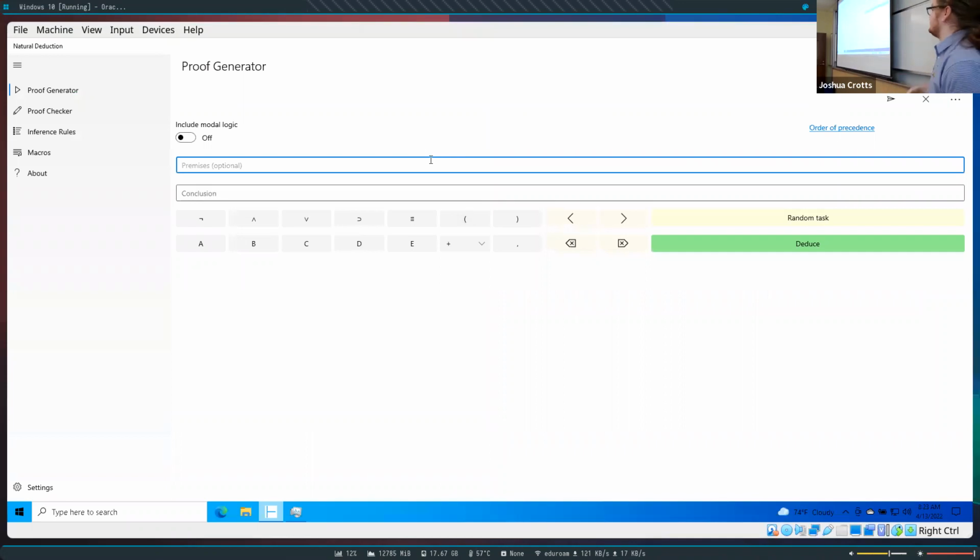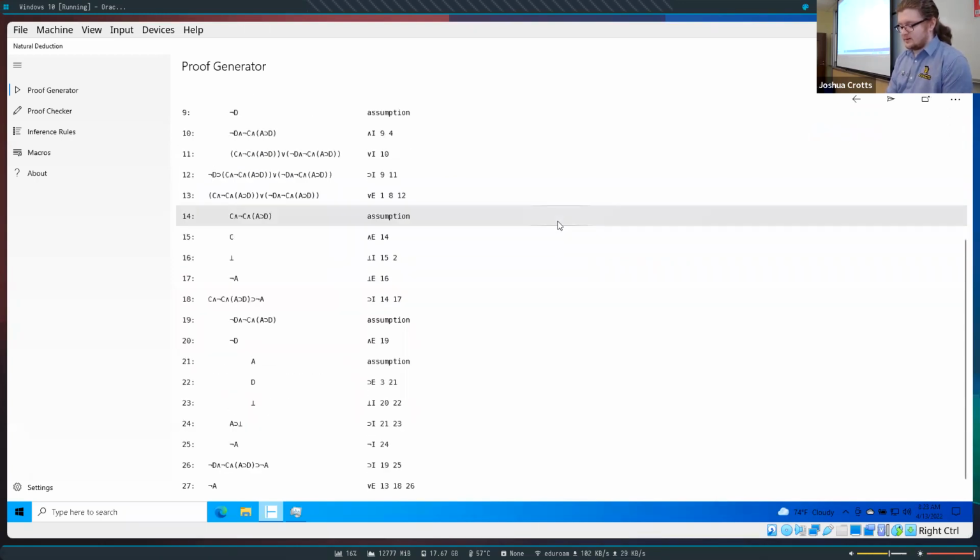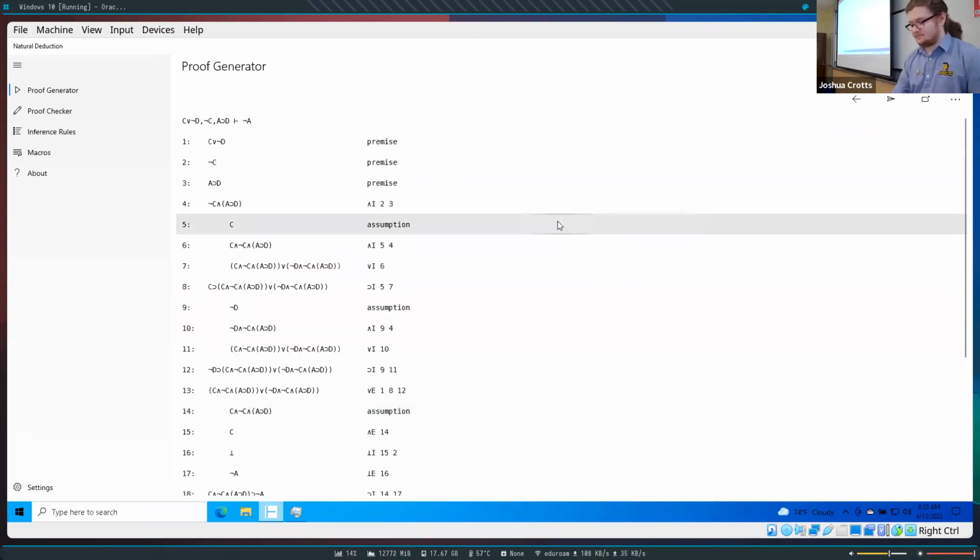So this is natural deduction. That's just what the name of it is. And this system is, well, we'll go over the results of what we found at the end of the discussion. So let's just go ahead and do the same proof and see what we get. C or not D, C, not C, A then D, and therefore not A. And this one has 27 steps.